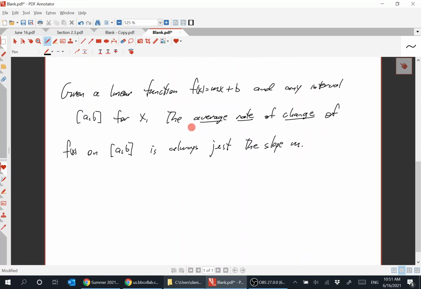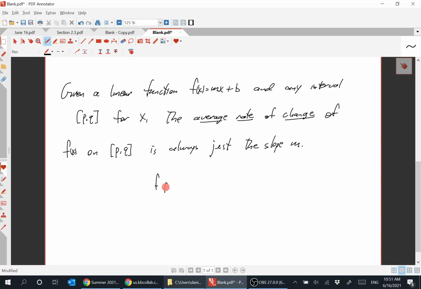Because I guess I shouldn't use a and b here. Interval, let's say p and q, the rate of change is always just the slope m, no matter what that interval is, right?